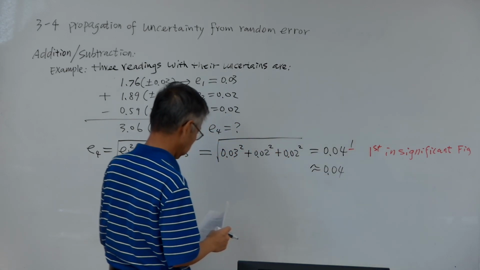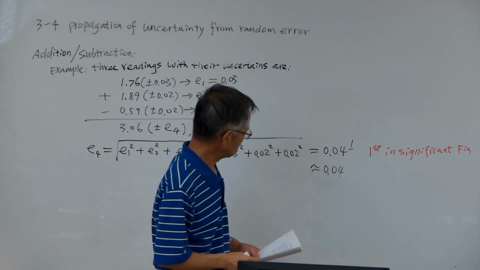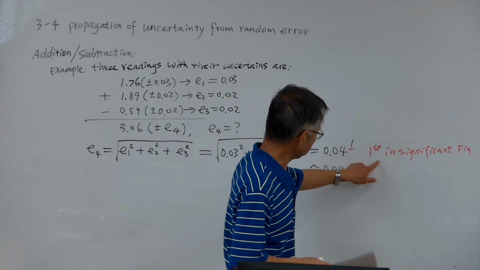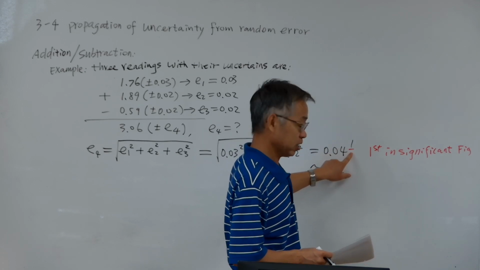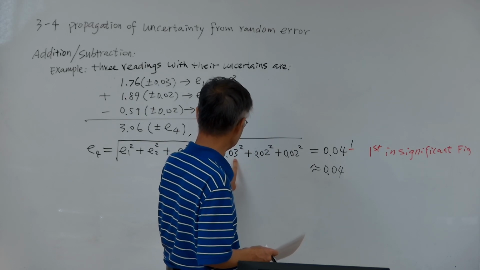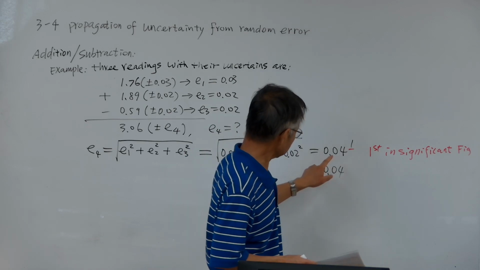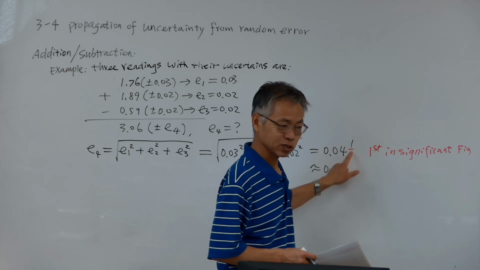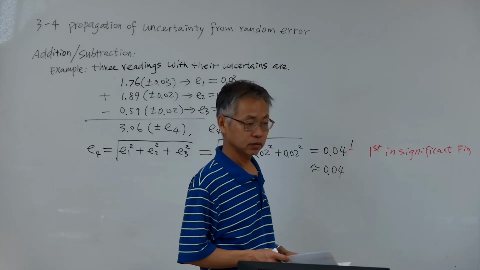This 1 in 0.041 is the first insignificant figure. This is because the initial numbers are only up to here: 1, 2, 1, 2, 1, 2. And this is 1, 2, 3. The 3 is the first insignificant figure.